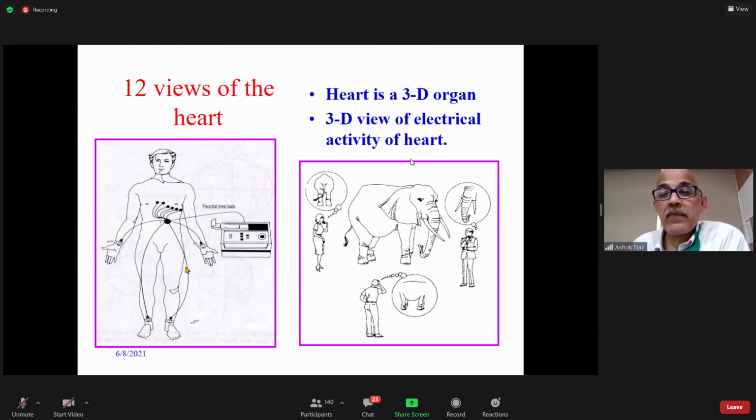Different leads are there, and they have to look at this 3-dimensional activity. So each of the leads is looking at this 3-dimensional activity from its point of view. We'll come to this slide again in the next class when I talk to you about how the electrical activity is spreading.